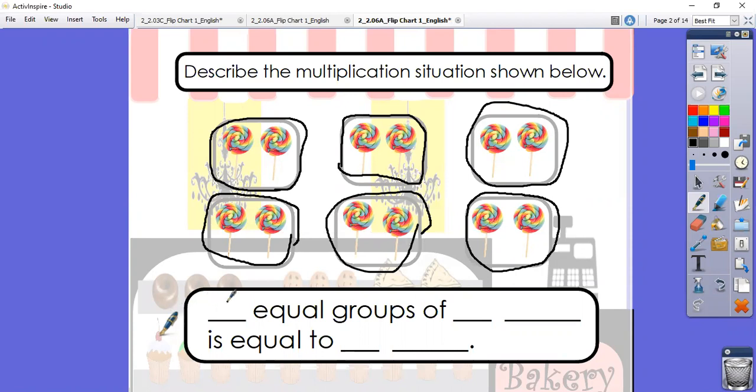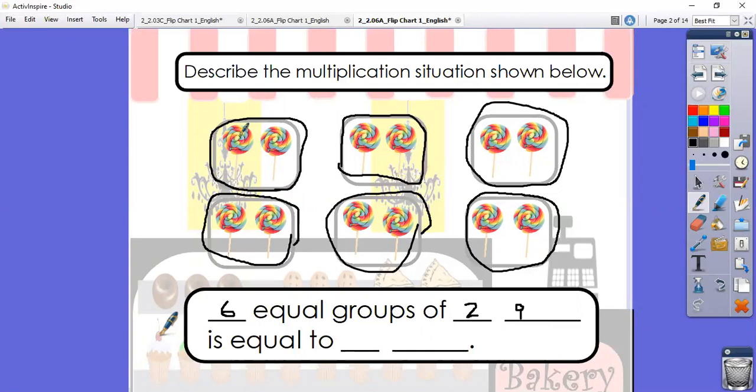I have 6 equal groups of 2. And instead of writing the word, I'm just going to draw a picture of that lollipop, only because it's super hard for Miss Austin to write on these flip charts. 6 equal groups of 2 lollipops is equal to, well, let's see, how many do we have?